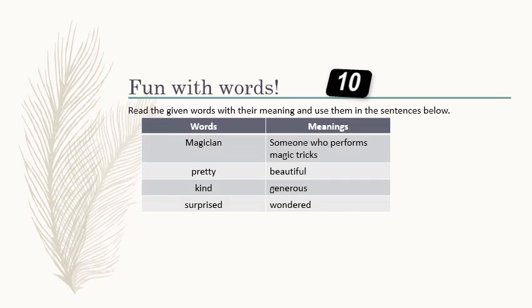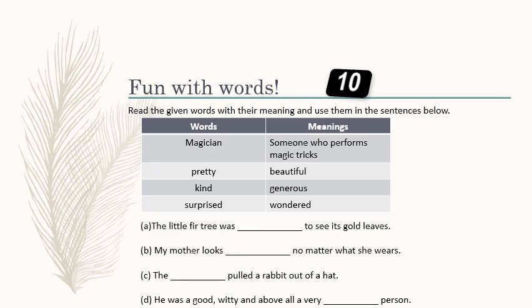So these are the words with their meanings that you have to read, and then you have to fill in the sentences using these words. After reading the sentence, the appropriate word should be chosen by you from the box, and then fill the sentence to complete it.